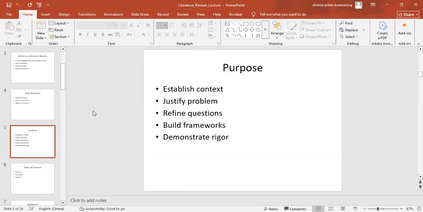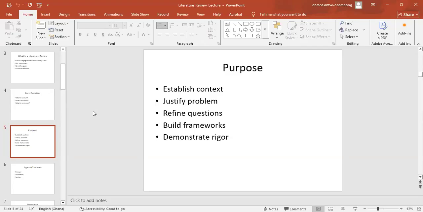it demonstrates what? Academic credibility. A very good literature review gives credence to the output of your work.